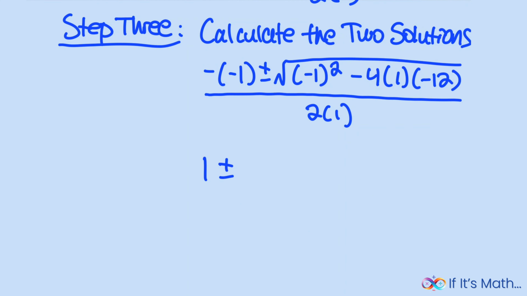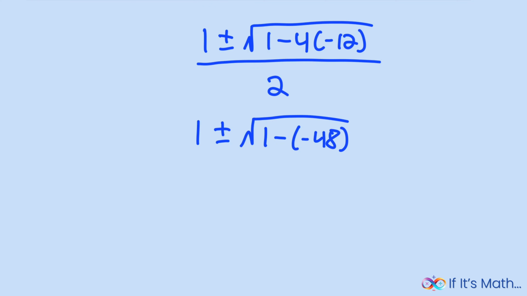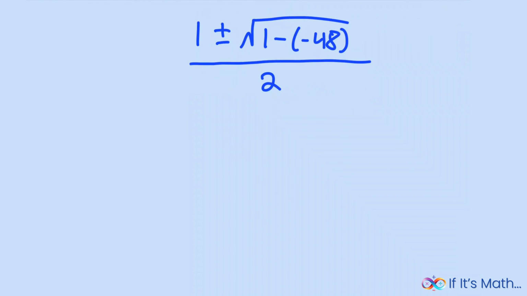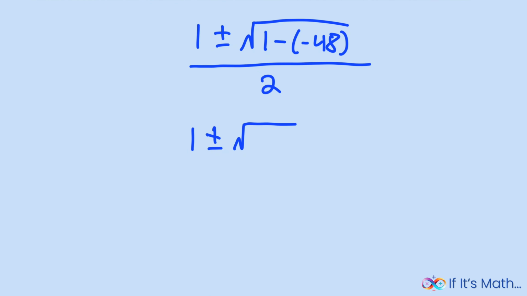Then 1 plus or minus the square root of 1 minus negative 48, over 2, which will be 1 plus or minus the square root of 1 plus 48, over 2, which reduces to 1 plus or minus the square root of 49, over 2. The square root of 49 is 7, so this gives us 1 plus or minus 7 over 2.